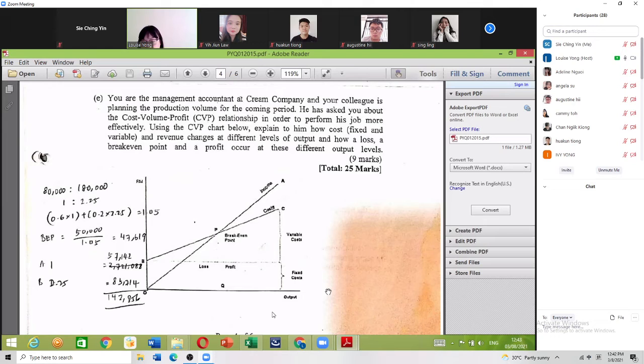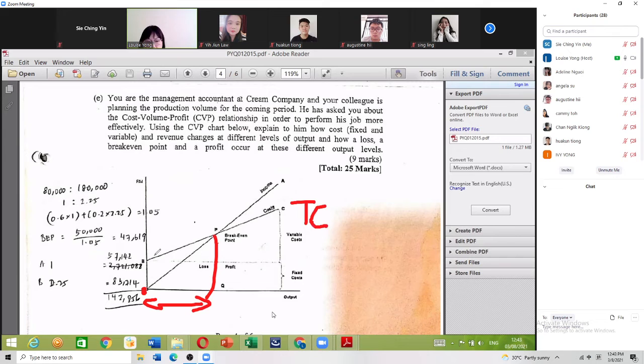Here you can write three points. One is from here to here, so this is low. From here to here, of course your total cost is higher than your total revenue, right? So at this low level, from 0 to, for example, Q1, you are making losses. You can write a paragraph. At Q1, when your total cost intersects with your total revenue, it means this is your break-even point, no losses, no profit.